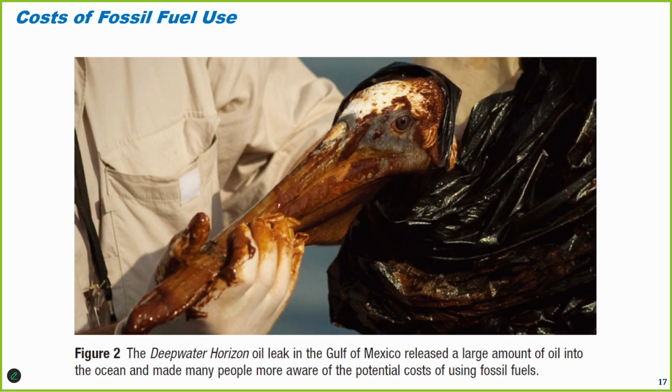For example, in 2010, a deep-water oil well exploded in the Gulf of Mexico and leaked oil into the ocean for almost 3 months before the well was successfully capped. The environmental, social, and economic damage was extensive.